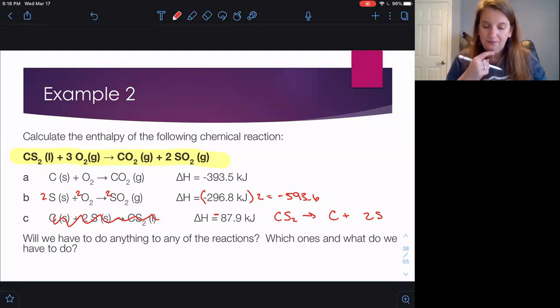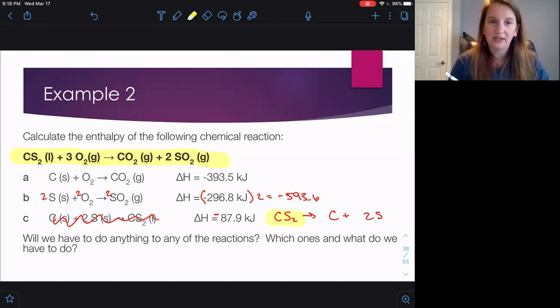So now I've got 1 CS2 down here on the reactant side. I need to have 3 oxygens, which I have when I add those 2 together on the reactant side. I need 1 CO2 on the product side, which I have, and I need 2 SO2s on the product side, which I have there.